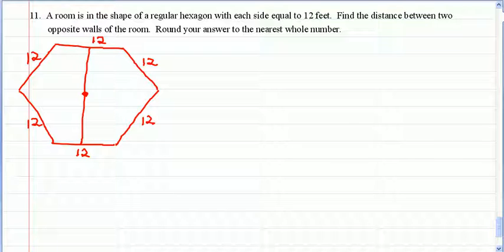So from the center, if I were to draw 6 lines to each of the vertices of this hexagon, it would look like this.